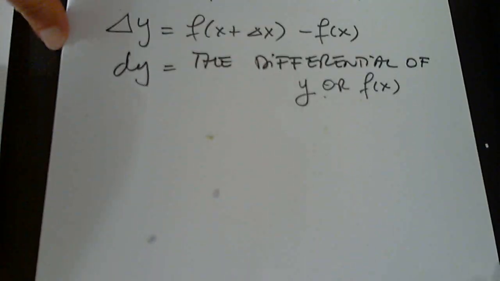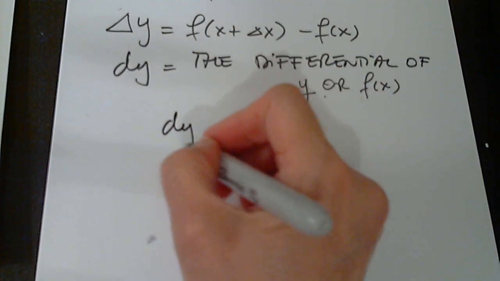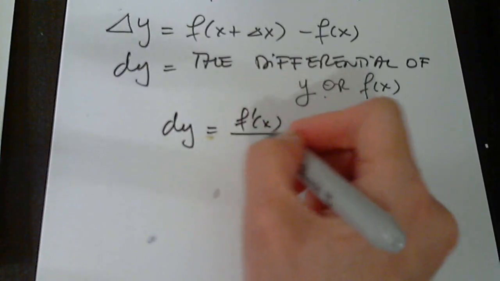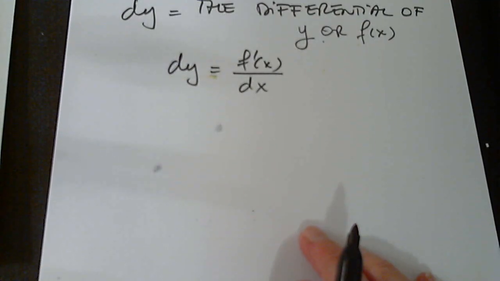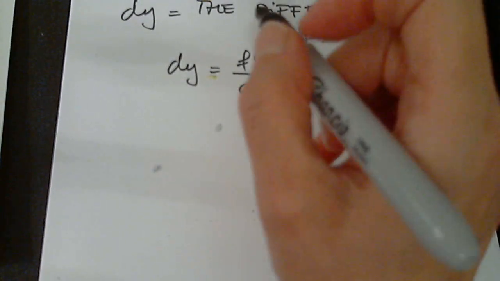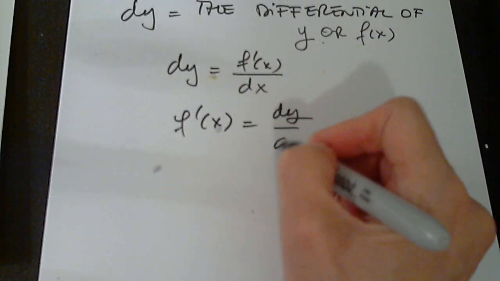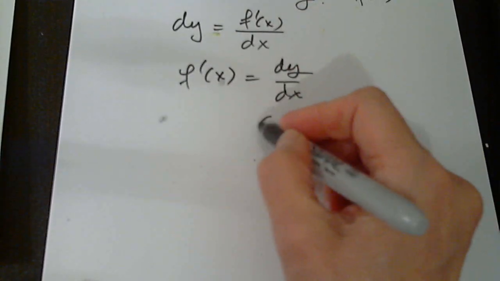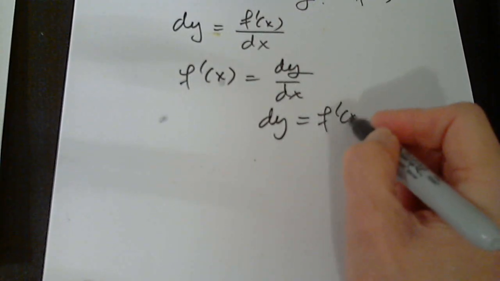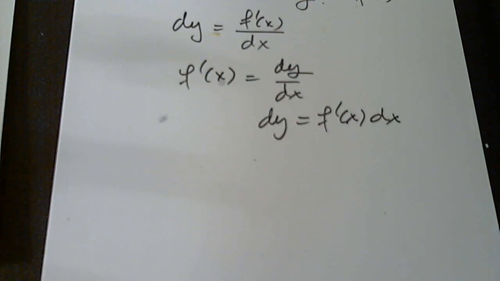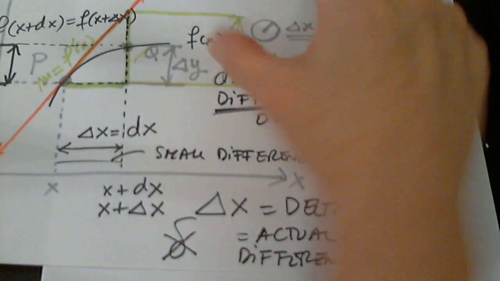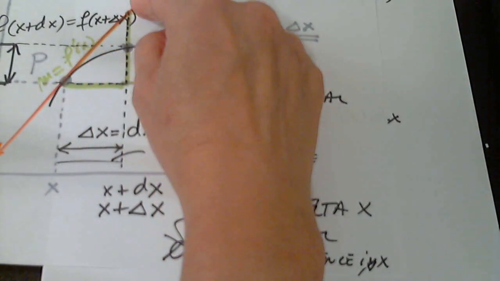So I'm going to redo this on Thursday. Sorry, what I wanted to write is that f prime of x, as I mentioned, is rise over run, the slope of this line.